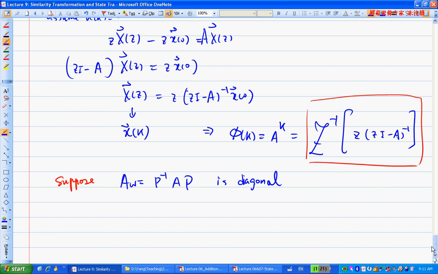So AW is diagonal. What are the elements on the diagonal of this matrix AW? Poles, right? And then that means A, coming back from the AW, must be this. Make sense?